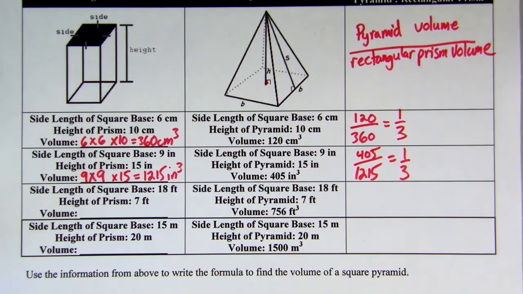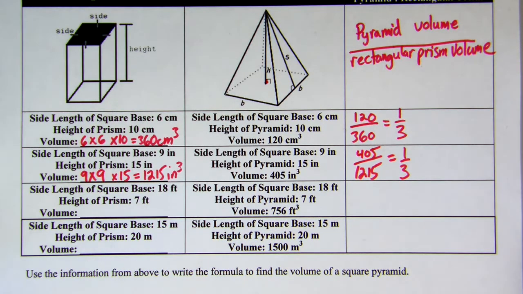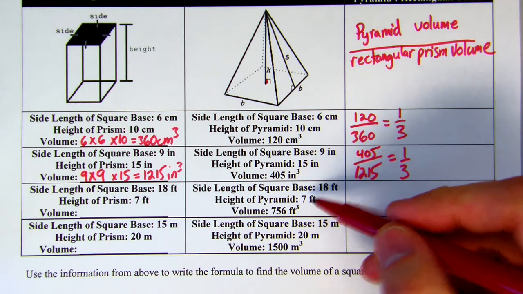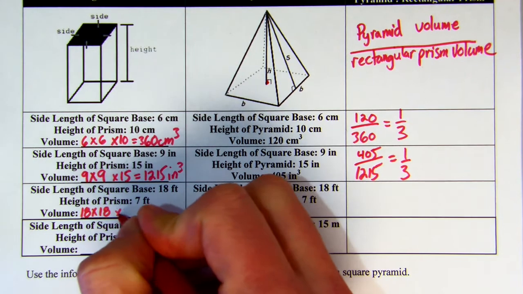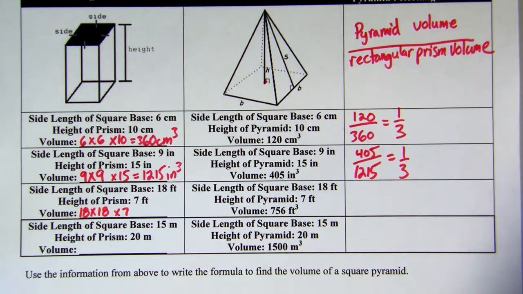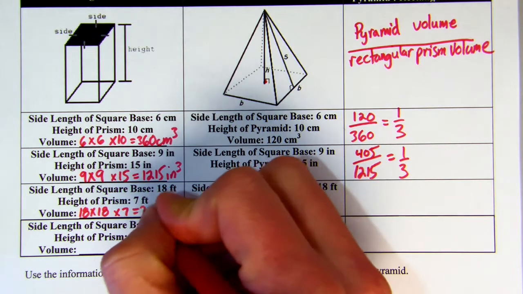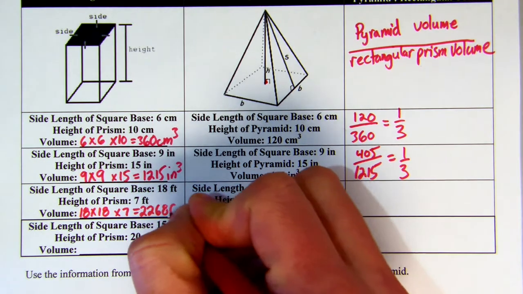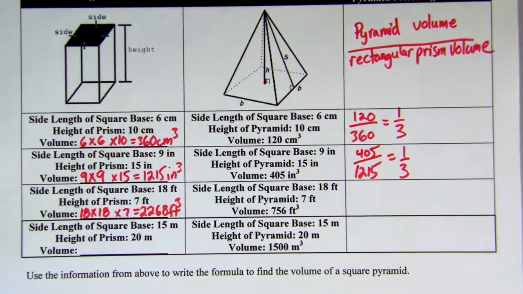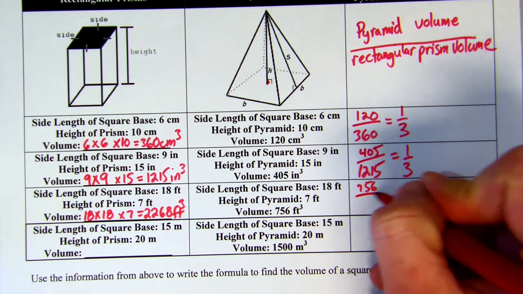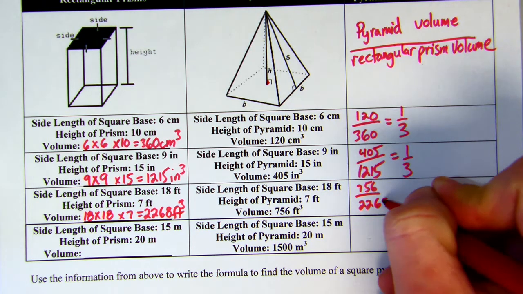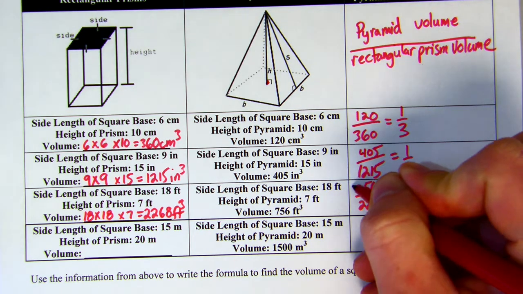Let's do my next one, which gives me a base of 18 feet and a height of 7 feet. So if I do 18 times 18 for my base times 7, I get an answer of 2,268 feet cubed. Let's create my ratio here, 756 to 2,268.